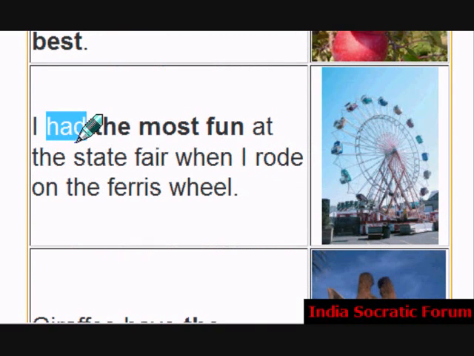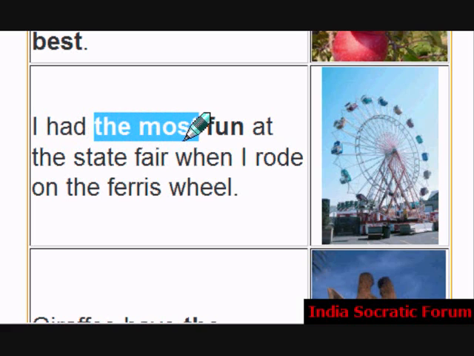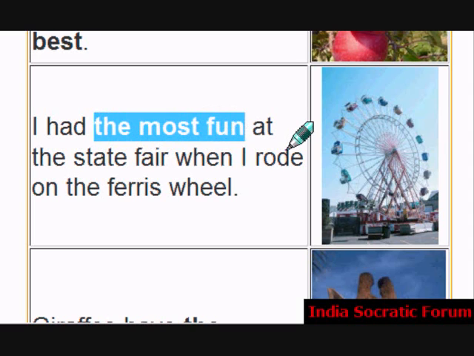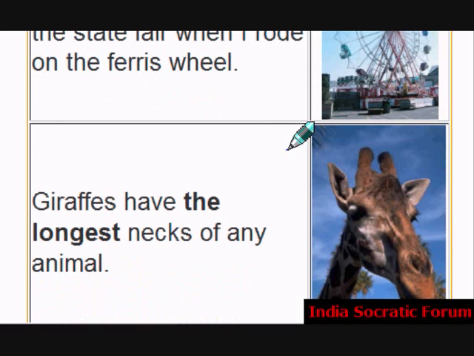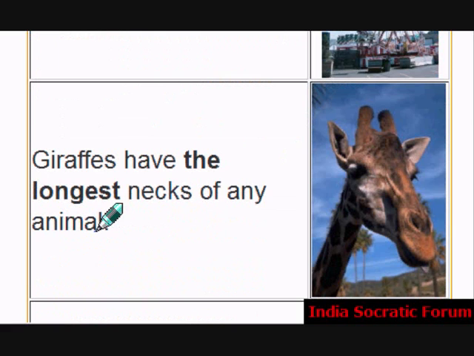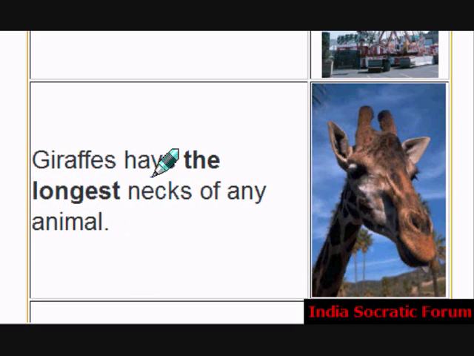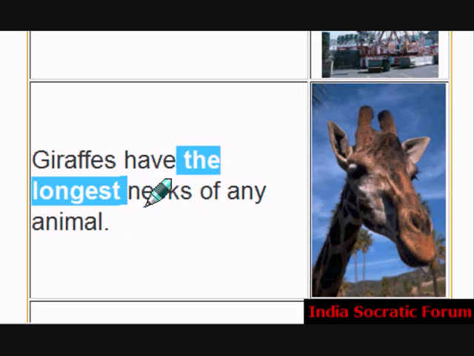I had the most fun at the state fair when I rode on the Ferris wheel. The most fun. Giraffes have the longest necks of any animal. The longest.